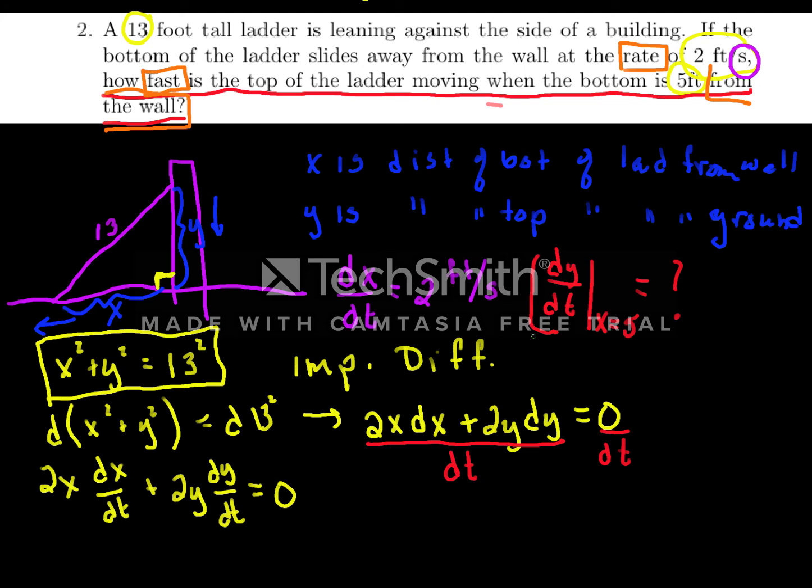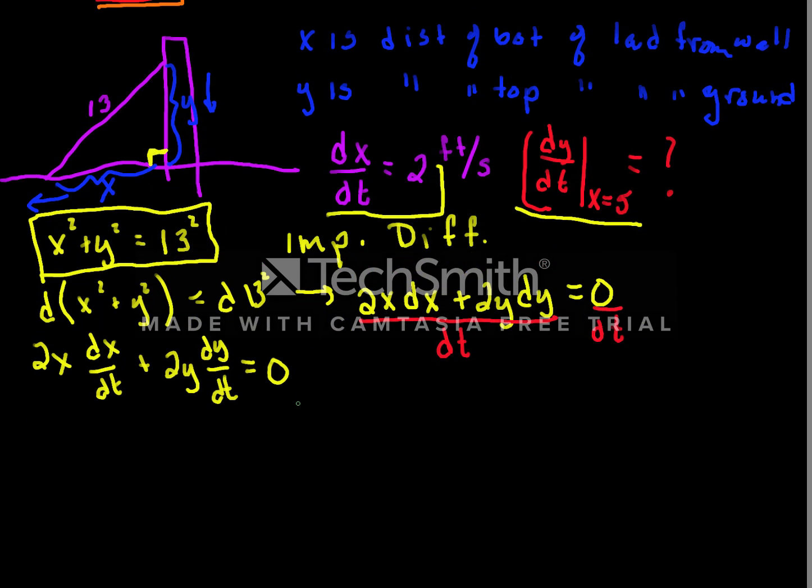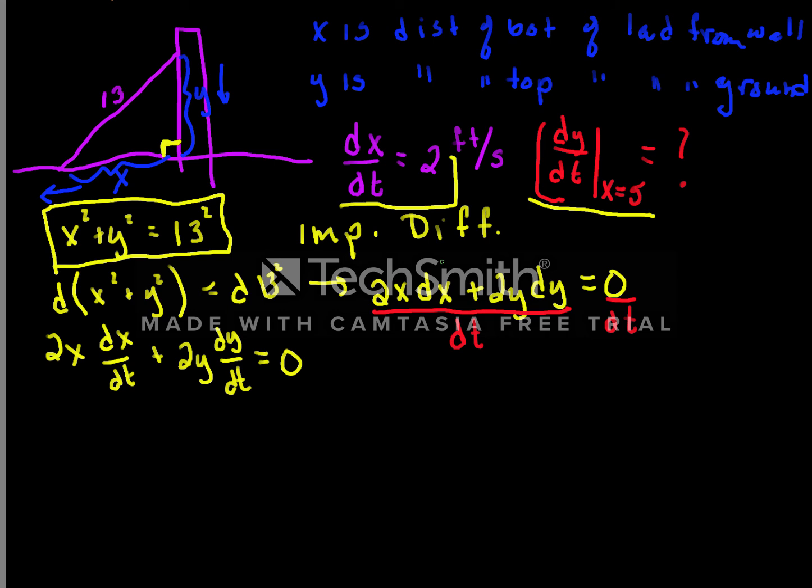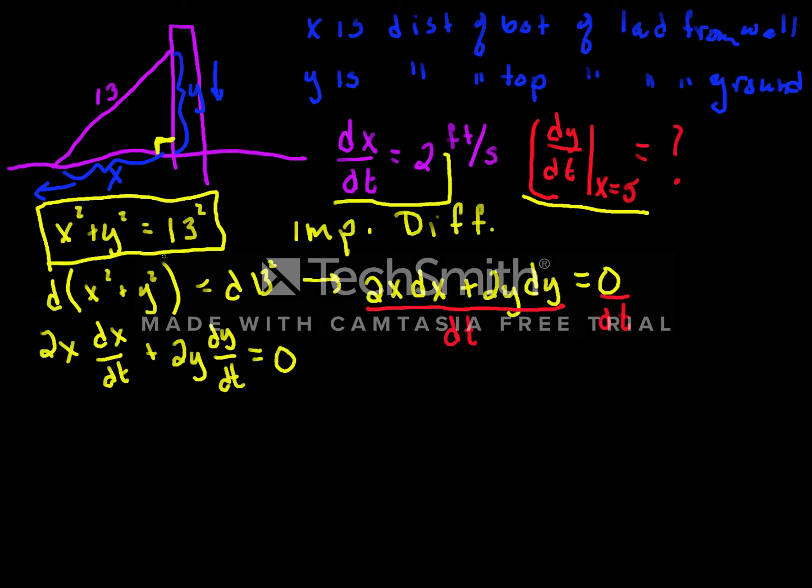And what do I want to know? I want to know dy/dt, and I haven't used this bit yet, so I'm going to throw this in, that dx/dt is 2. So this tells me that 2 times 2, so 4x, plus 2y dy/dt is 0.